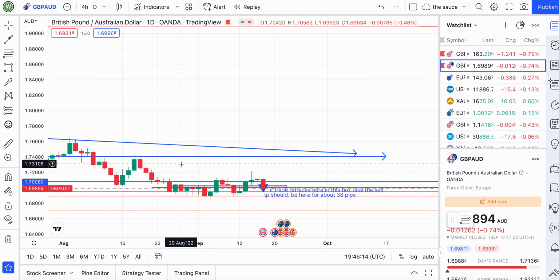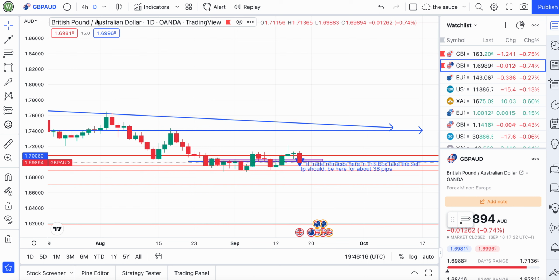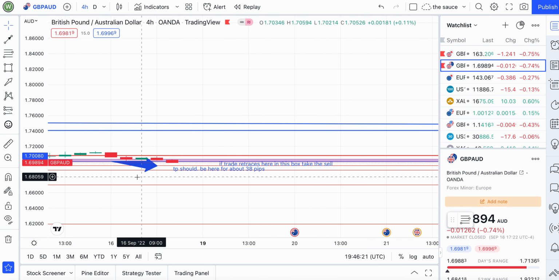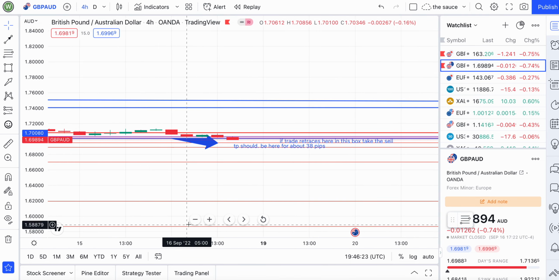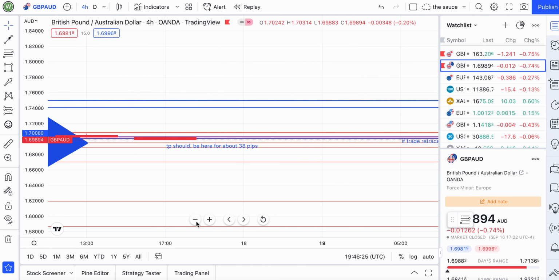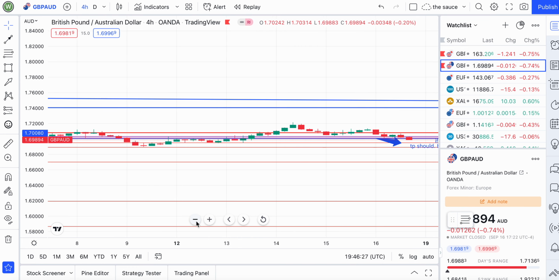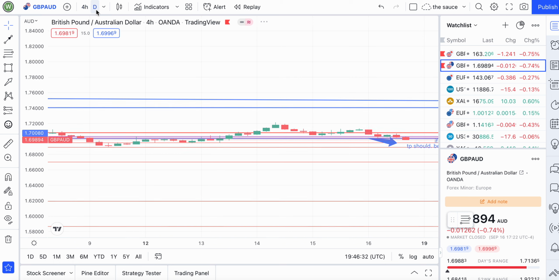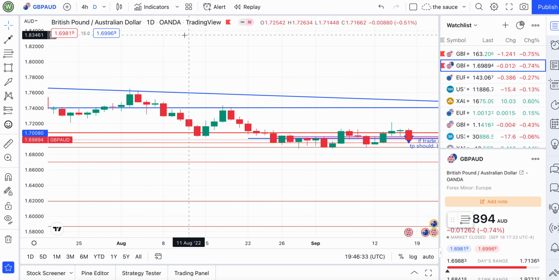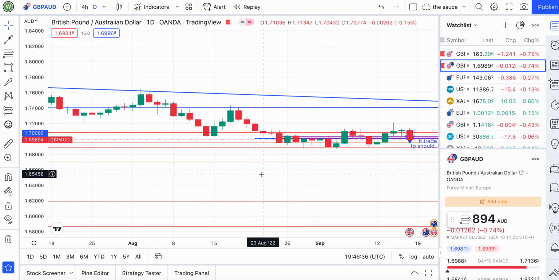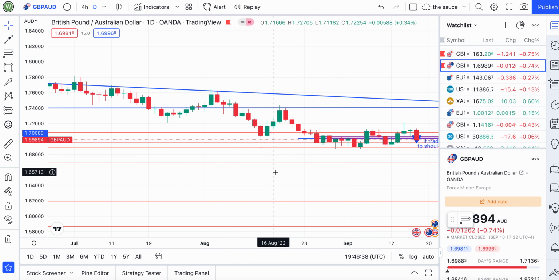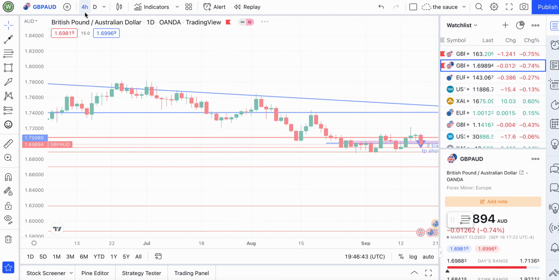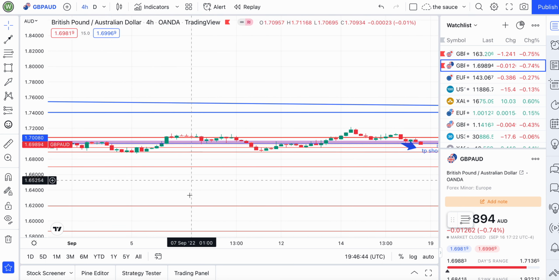Now moving down to the 4-hour chart, give me a minute, my chart's acting up. I hate when it does this. I don't have my mouse today, so I have to be using my keypad to do all of this, and sometimes it gets a little bit frustrating.